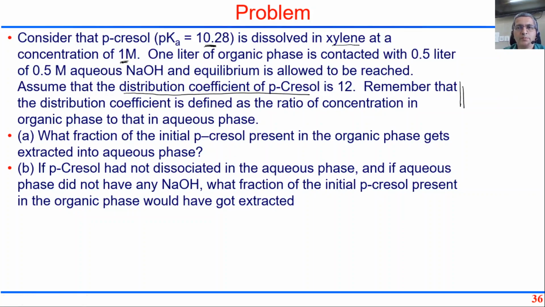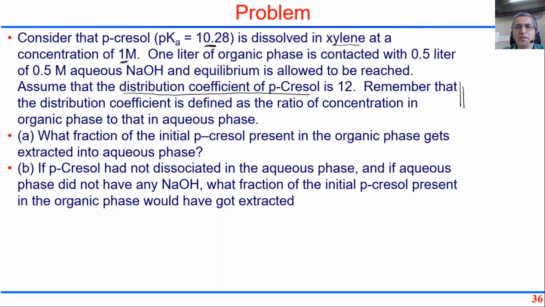It's again a similar problem, but reversed. Earlier it was in the aqueous phase and getting extracted into the organic phase. Now it is in the organic phase getting extracted into the aqueous phase. I have given you the initial conditions, not the pH.